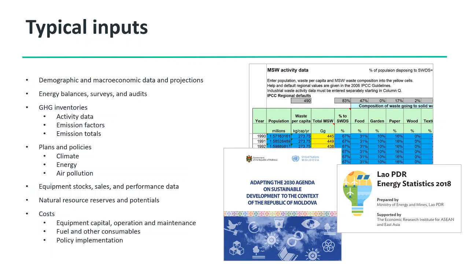So if you have something like a household survey or a census, that can provide very useful information that we can use for different sectors. If you have developed emission inventories previously, the activity data and the emission factor from those inventories can be very useful. And then, of course, for generating scenarios, understanding the different plans and policies that you have in place for climate, for energy, for air pollution, can allow us to represent those in the model.